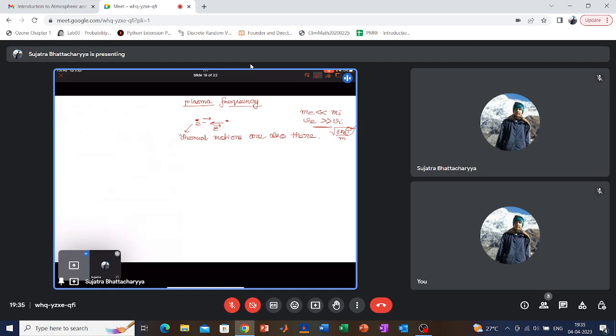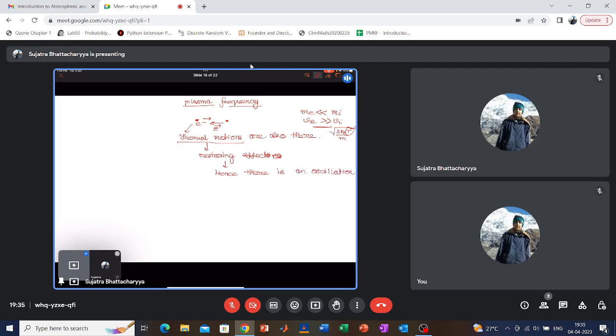So thermal motions are also there, and these thermal motions generally provide a restoring effect, and hence there is an oscillation kind of thing. This is the plasma oscillation, you can see.